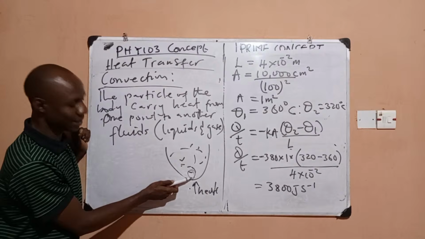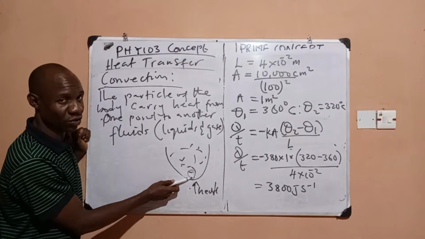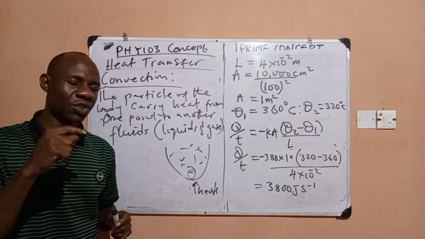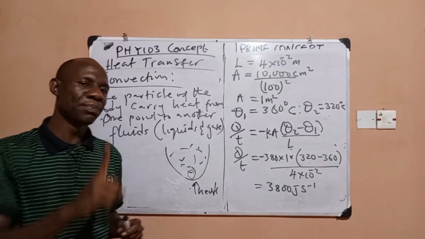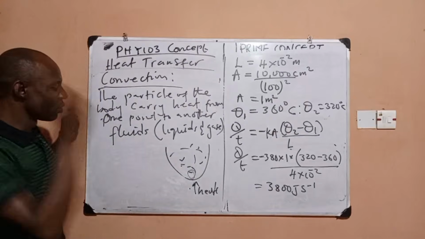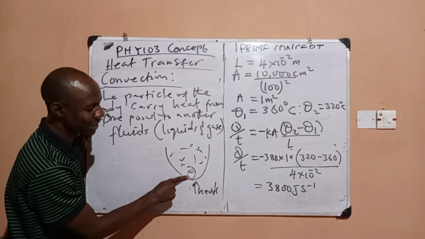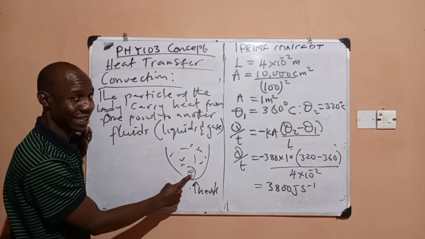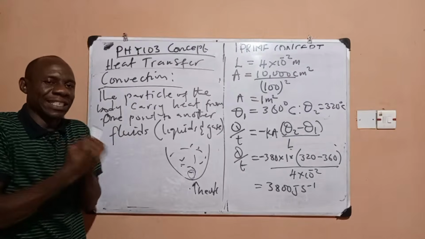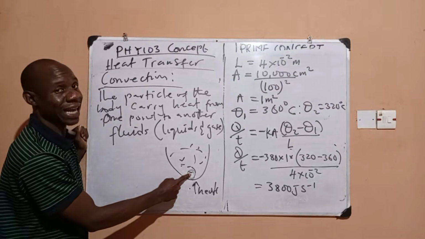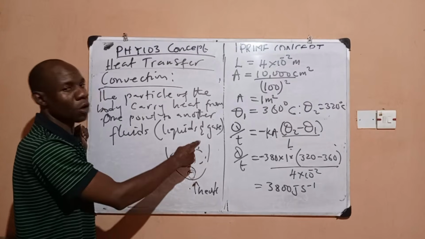When this one down here becomes hot, remember the topic we just finished tells you that as temperature increases, kinetic energy does what? Increases. So these particles down here, when they become hot, will become light, and therefore their kinetic energy will increase. Because they are light, they will naturally float upwards.